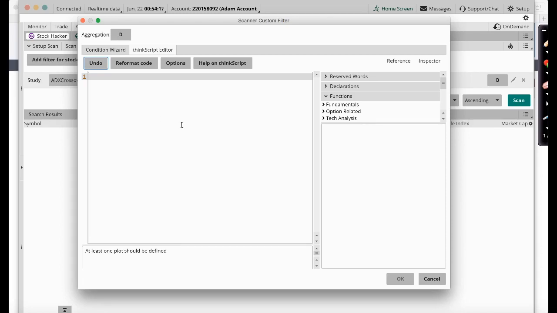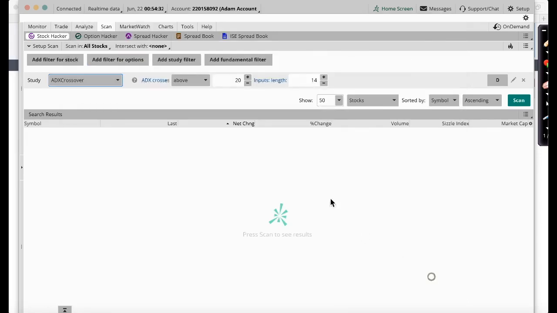Now, where's the script? Again, you can download it from the website, the Piranha Profits website, and you can paste the script over there. You can also send me an email, and I'll send you the script if you need the script, right? So you paste the script over here. So let me show you the script that I've already done.